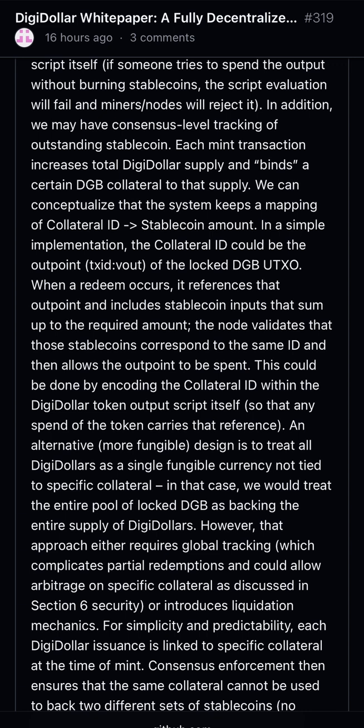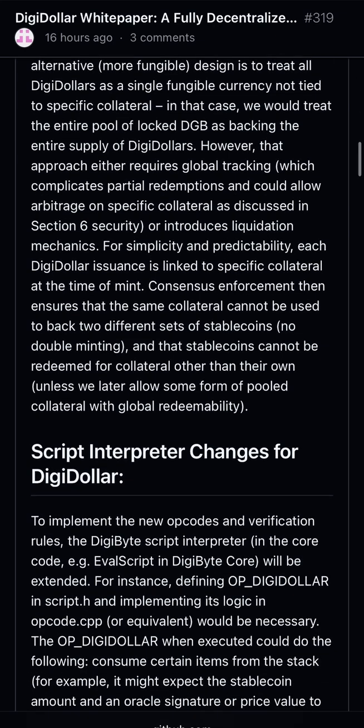An alternative, more fungible design is to treat all DigiDollars as a single fungible currency not tied to specific collateral. In that case, we would treat the entire pool of locked DGB as backing the entire supply of DigiDollars. However, that approach either requires global tracking, which complicates partial redemptions and could allow arbitrage on specific collateral as discussed in Section 6 (Security), or introduces liquidation mechanics.